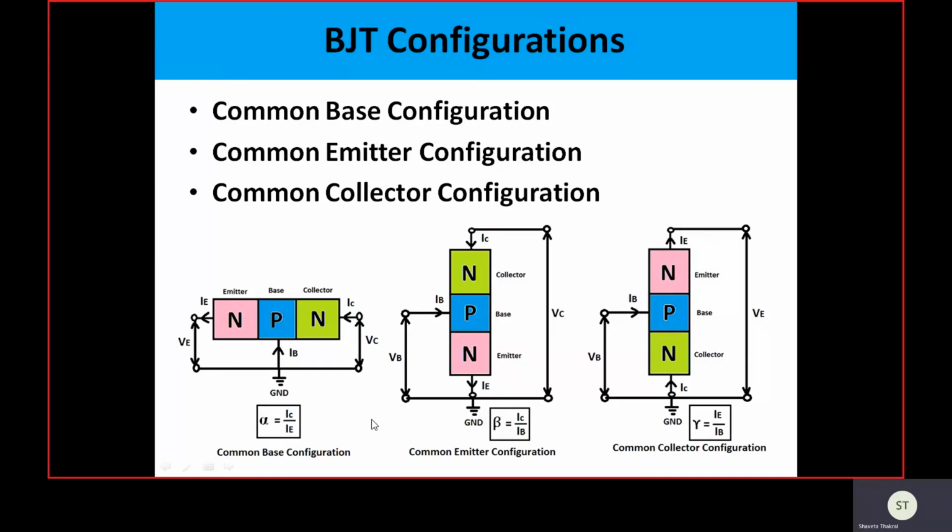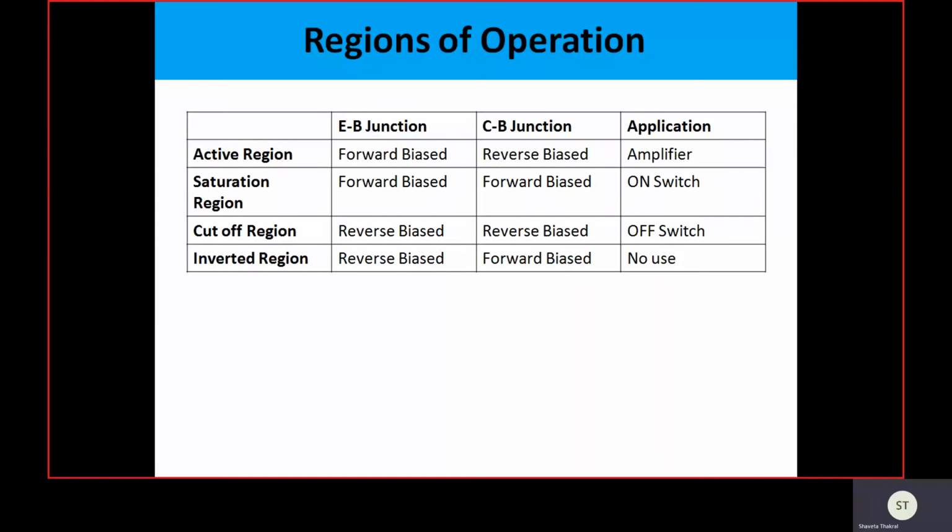Here we are going to discuss the common emitter configuration, and before going into the characteristics of the common emitter configuration, we must be clear about the different regions of operation. Basically, a BJT can work in the active region, saturation region or cutoff region, and the fourth region is called the inverted region, which is studied just for analysis purposes.